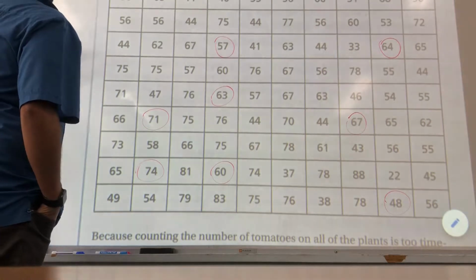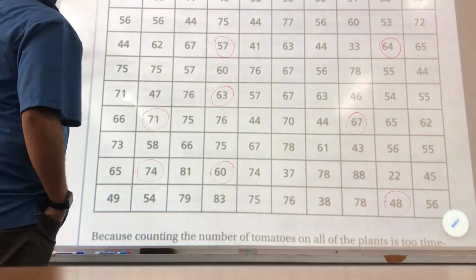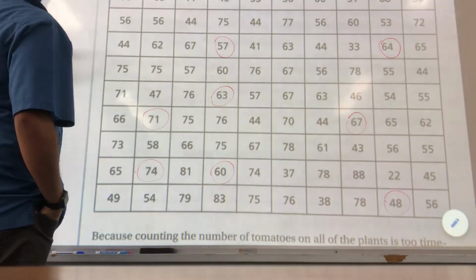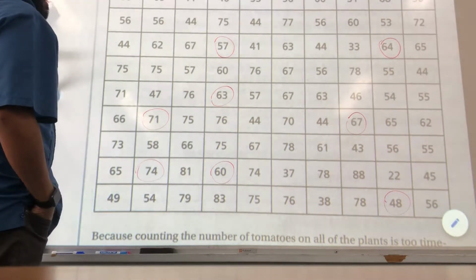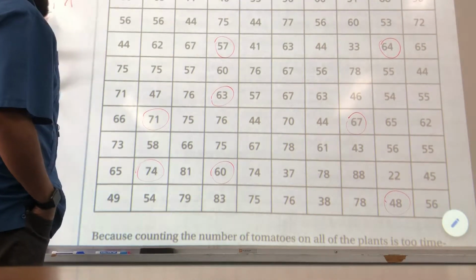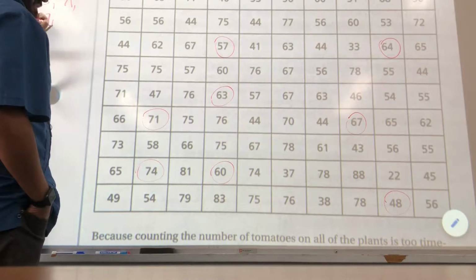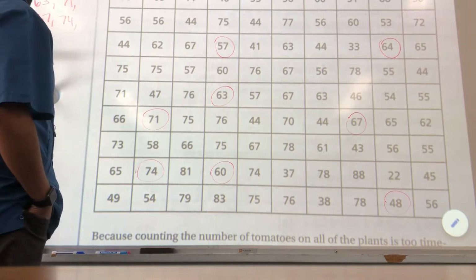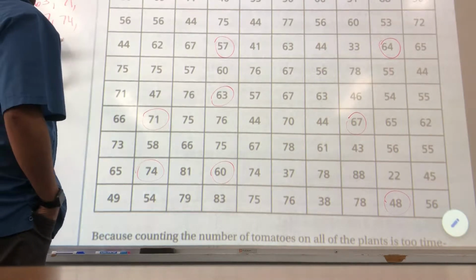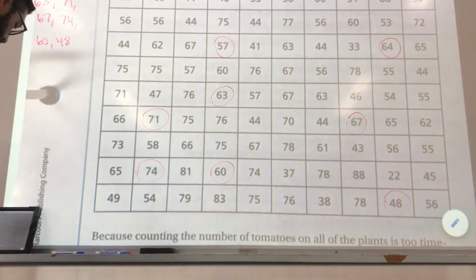I'm just going to write them right here: 18, 15, 57, 64, 63, 71, 67, 74, 60, and 48. Okay, so those are my tomatoes.